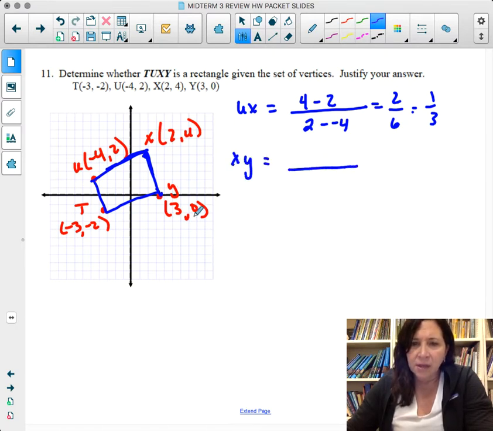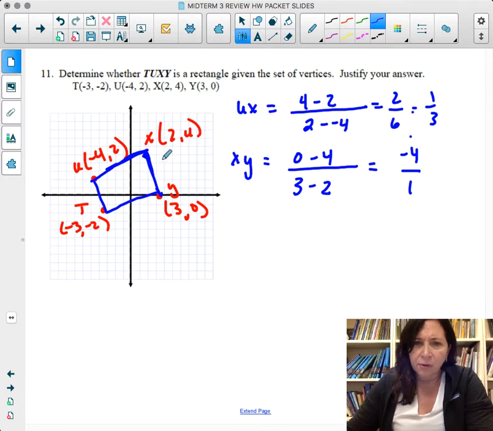So that's going to be, subtract my y's, 0 minus 4 over 3 minus 2, and I get -4 over 1. Well, these are not opposite reciprocals. If these are not opposite reciprocals, then it's not a rectangle.